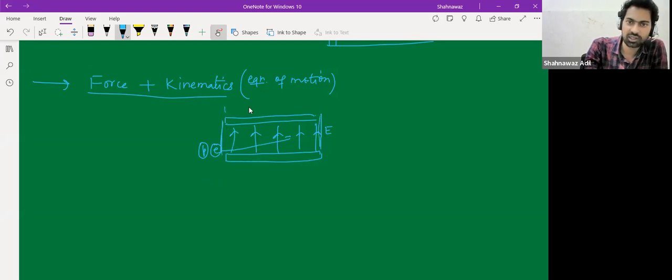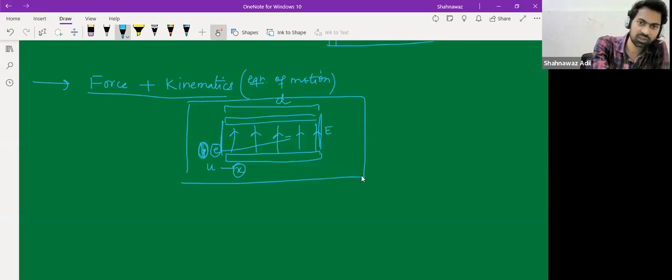Let's say the length is d. The proton is given some velocity, and let's say the electron is given the same velocity u in the x direction. This question we will solve in the next class.